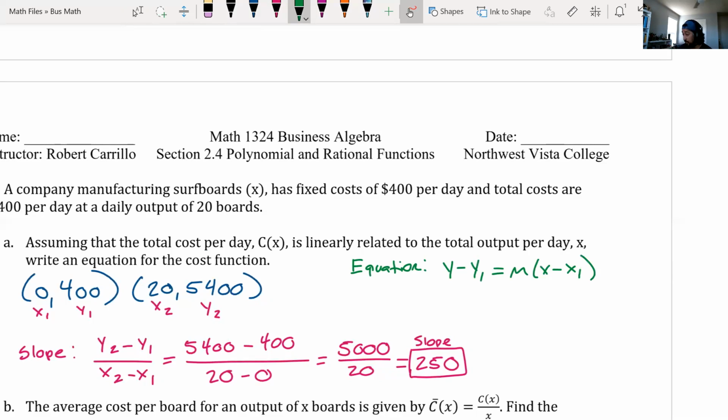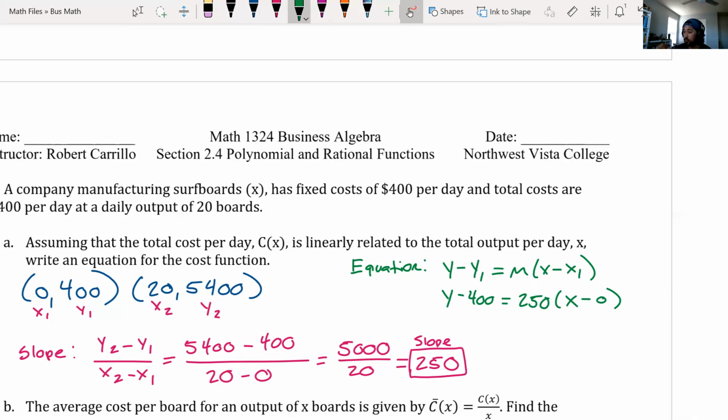My slope is m, and I already labeled a point 0 and 400 for x1, y1. So we're just going to plug in everything we have. You're going to get y minus y1, which is 400, equal to my slope of 250 times x minus x1, which is 0.